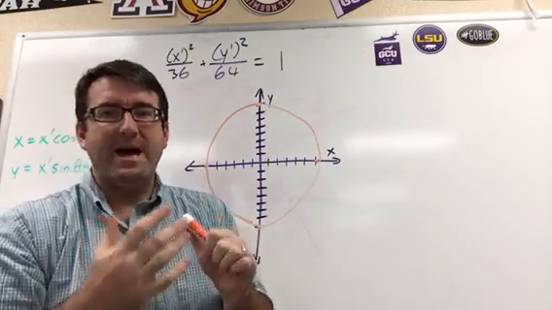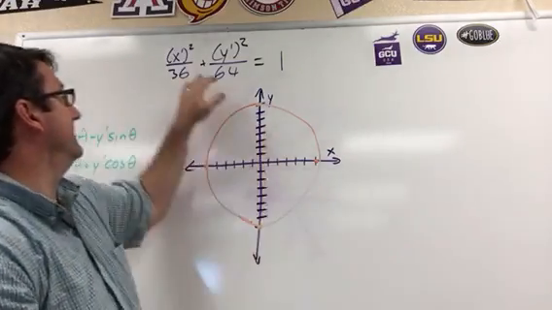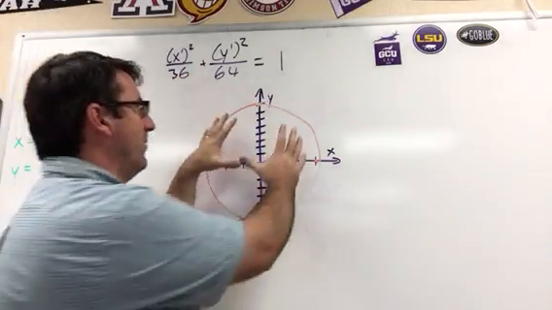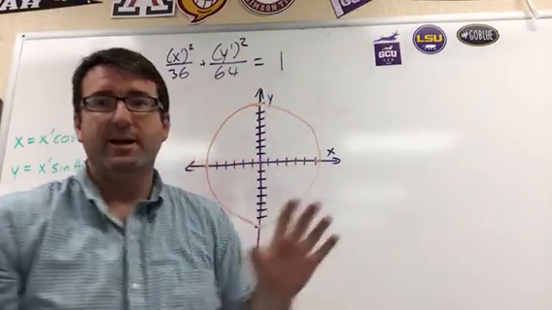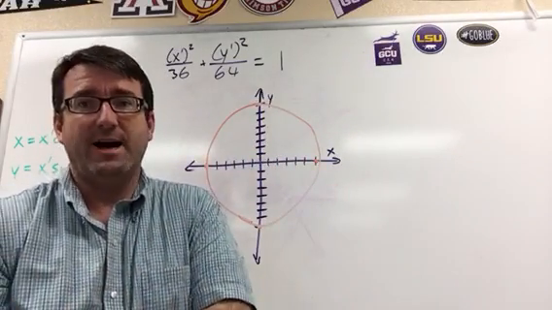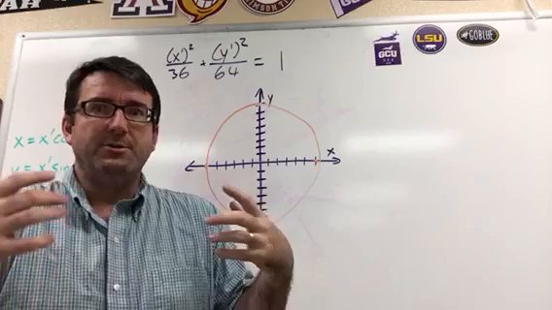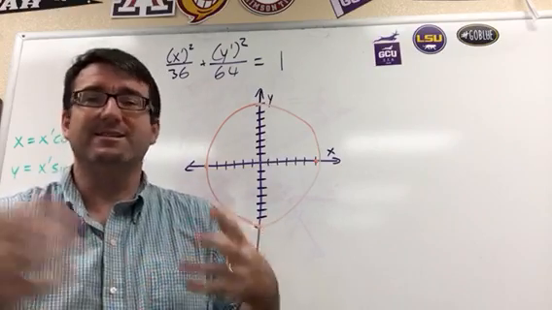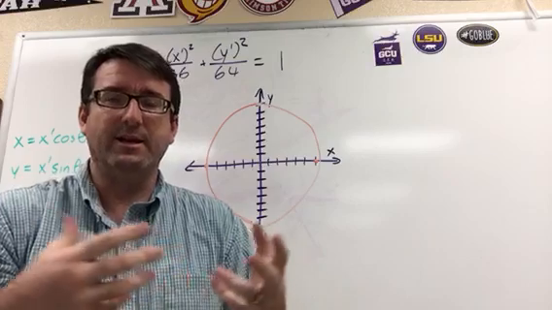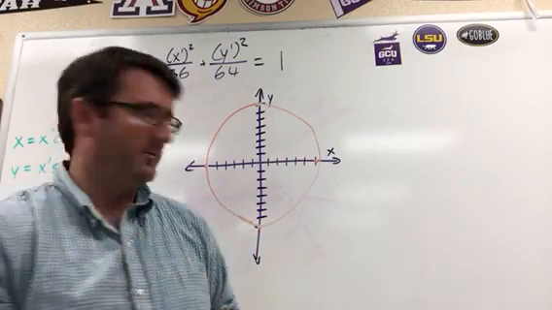But what's happening here is that what we want to graph is this ellipse, but rotated 30 degrees to the side. Now, to write that equation is a lot more difficult because it's going to include an xy term in there.